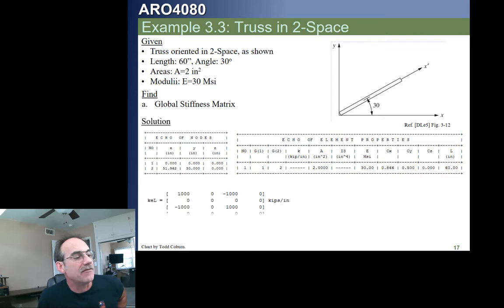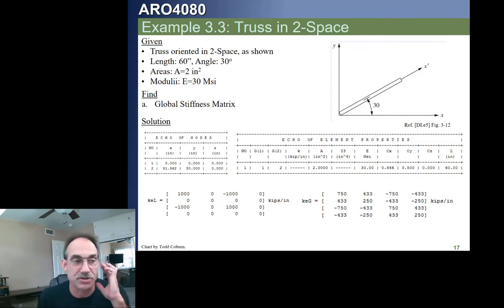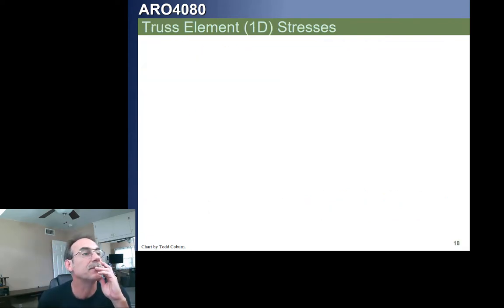And using that information, we can write our 2x2 local stiffness matrix and transform that into a 4x4 local stiffness matrix. We then apply the transformation in order to get the global stiffness matrix. Since this is the only element, then the elemental global stiffness matrix is the same as the whole structure's stiffness matrix.